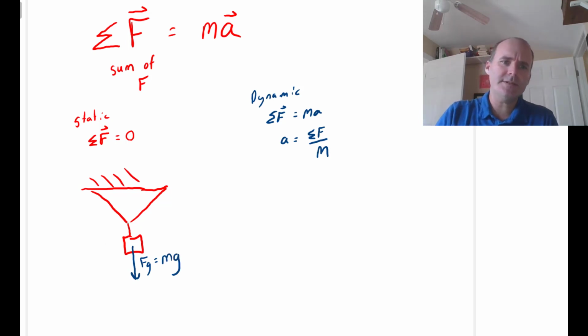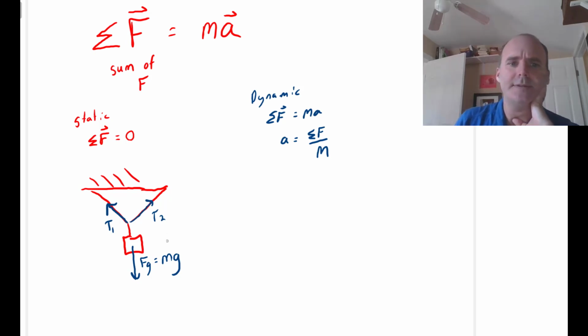But then we have two forces up here too. We have a tension force going here, which I'm going to call T1, and a tension force here, which we can call T2. We're going to look at this and say the sum of the forces is equal to 0. But I have to break this up.